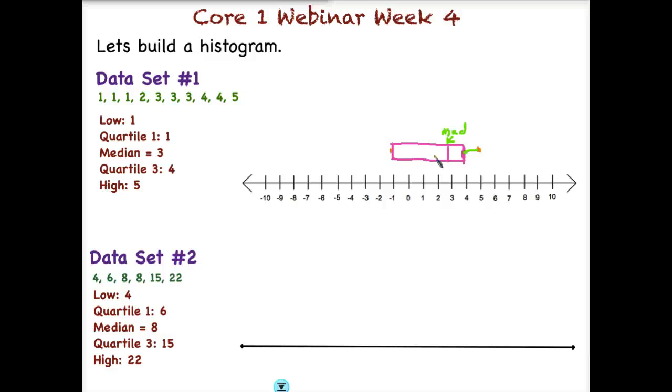Danny, turn your microphone on real quick. What part don't you get? Okay. So Danny, what part are you talking about? Did you get the 5-number summary, or is it the actual box plot?